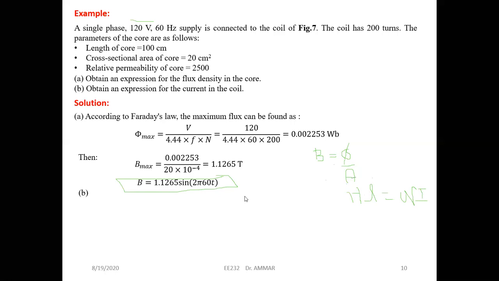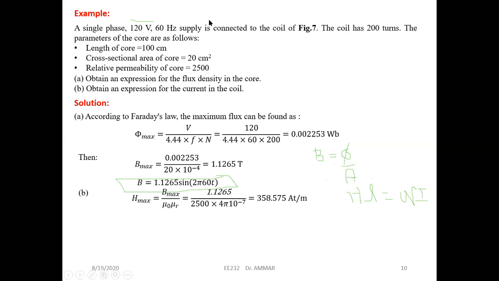So H max equals B max over mu 0 mu R, because B equals mu times H. So H is B over mu. Mu 0 is constant and mu R is given. So H max equals B max over mu 0 times mu R, and it's equal to 358 ampere-turn per meter.